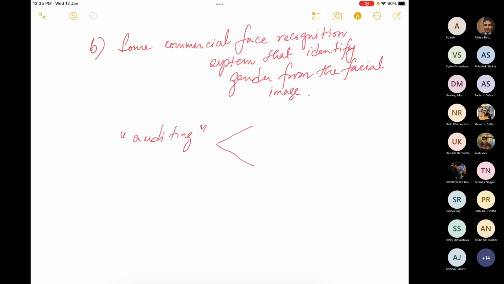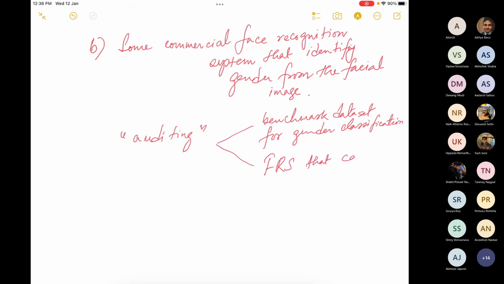Here you are auditing two things. One is the benchmark dataset for gender classification, and the other is the facial recognition systems that can detect gender.